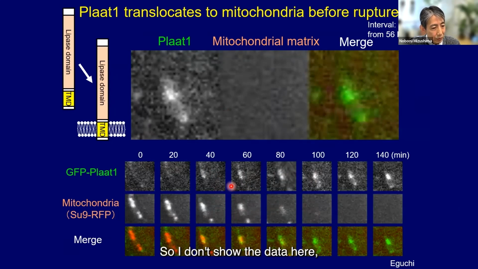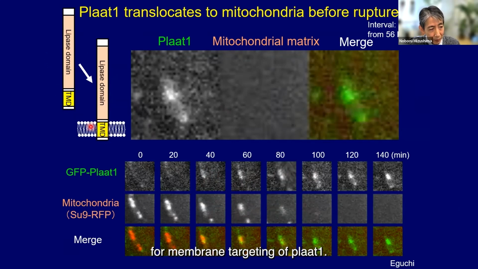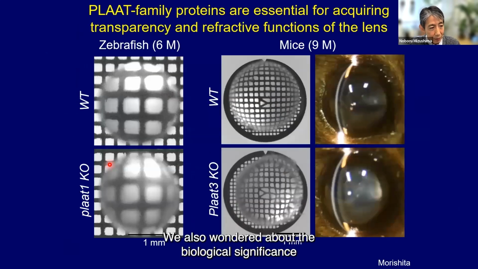I don't show the data here, but we confirmed that lipase activity is required, and the transmembrane domain is also required for membrane targeting of PLAT1. We also wondered about the biological significance of this PLAT-dependent organelle degradation in the lens.